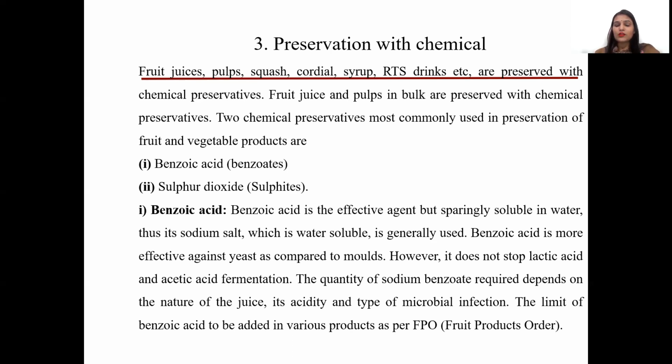For benzoic acid, we can use 1000 ppm in processed products like squash, and in raw material 1500 to 2000 ppm.